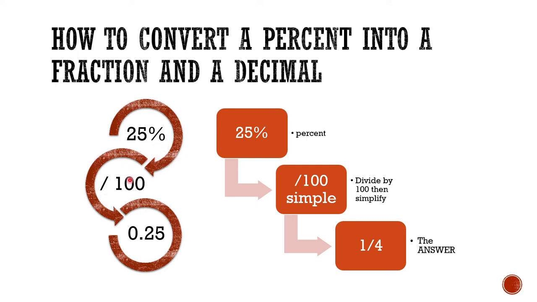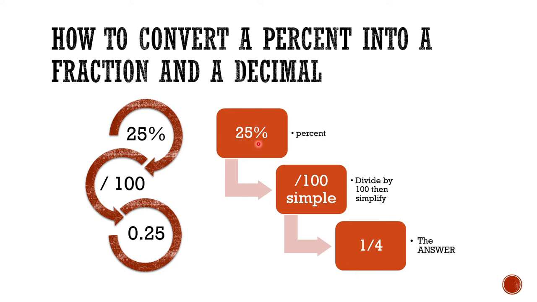First divide by 100, which will be 0.25. So the answer of 25% into a decimal is 0.25.